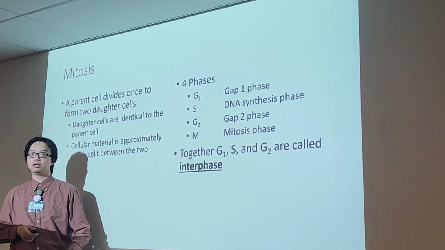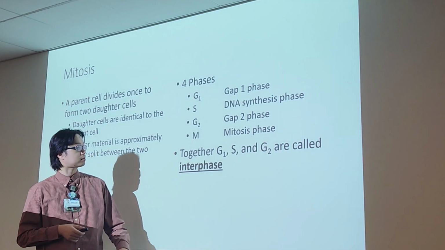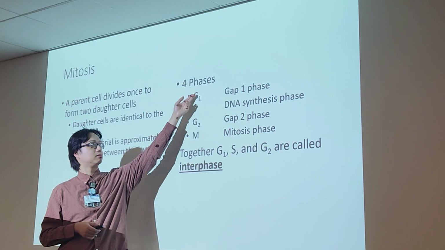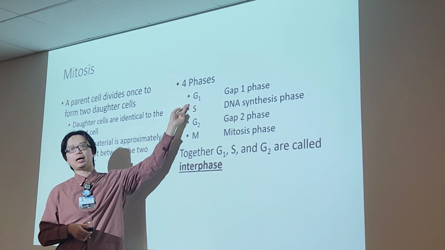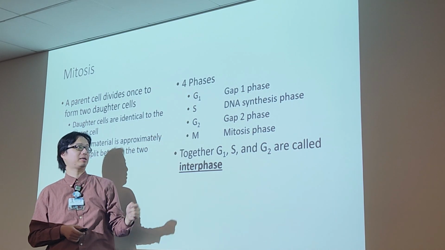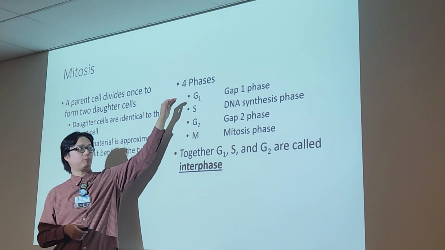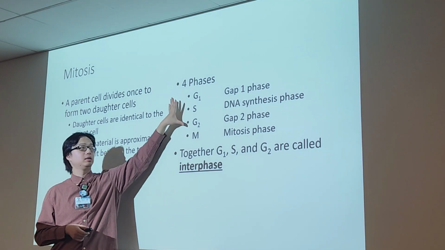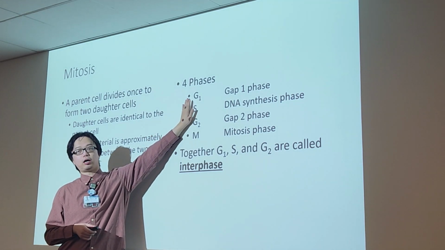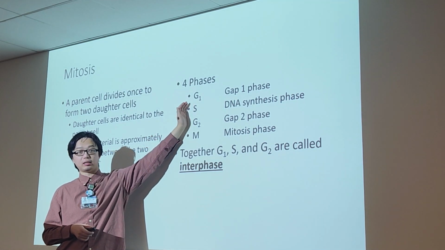How does it do this? Well, cell division has 4 phases: the gap 1 phase, the S phase, the gap 2 phase, and the mitosis phase. These first 3 phases, gap 1, DNA synthesis, and gap 2, are referred to as interphase.